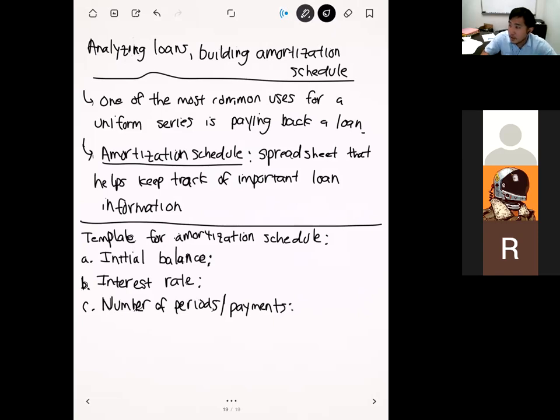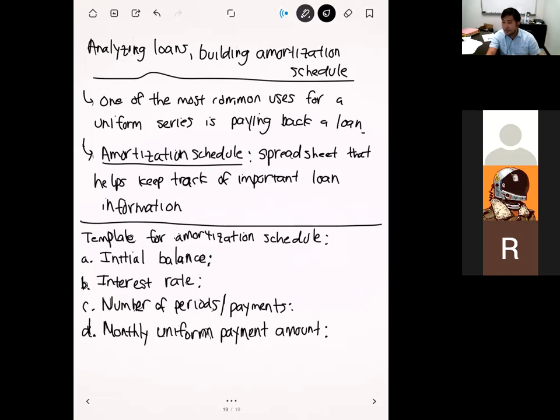A lot of times this is going to be how many months you're going to pay back the loan in, or how many years. And the last piece of information in this header section is how much you're paying per month.